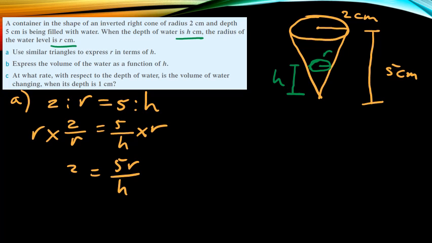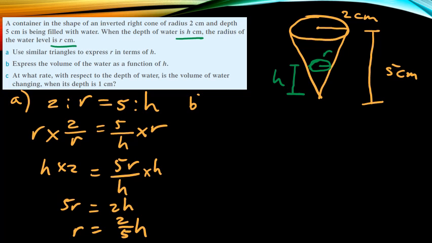How do we do it so that we're left with just r on one side? Bring h over. Sounds good. So then 5r is equal to 2h. Almost done. What's the last step? Divide by 5. So r is equal to 2 over 5 h. That's part A.